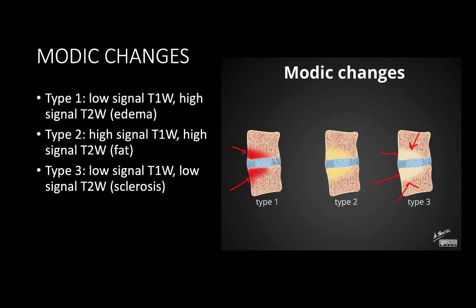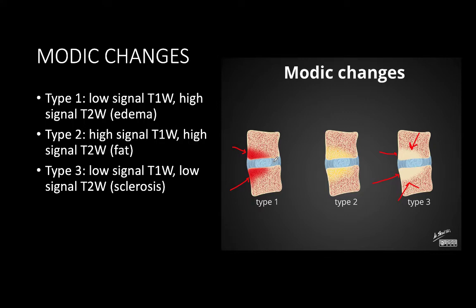When we talk about painful joints, edematous joints in the marrow adjacent to the articulation is definitely a cause of joint pain. Anyway, type 1 Modic change is an edematous change, and we can appreciate this on MRI with low signal intensity on T1 and high signal intensity on T2, which is a typical combination of signal for edema.